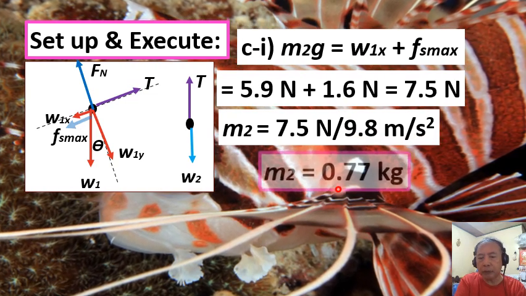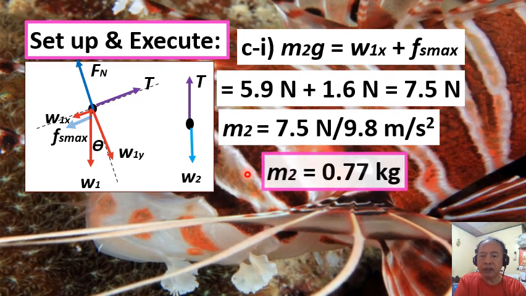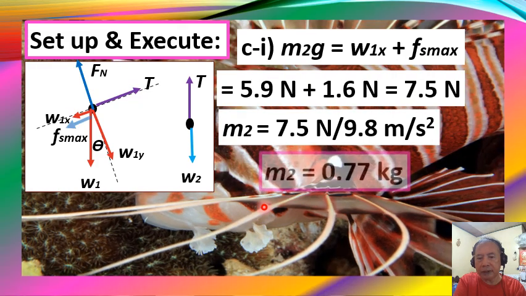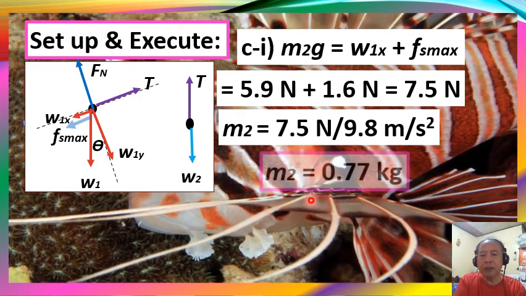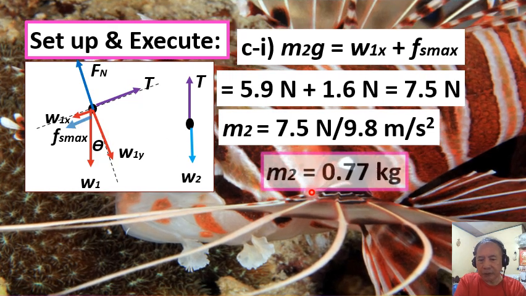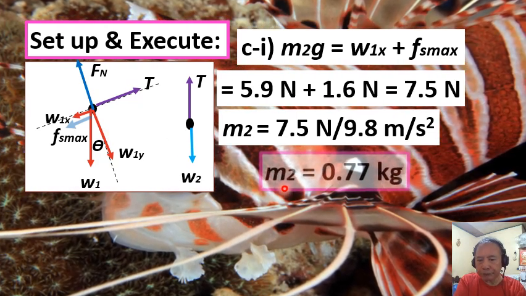That is, M2 will be equal to 0.77 kilogram. So this is the mass M2 we are looking for. This is the mass of the hanging block so that the system is just on the verge of starting to move.